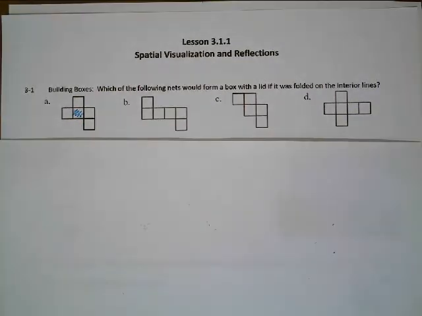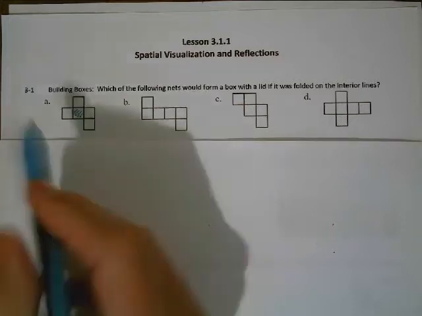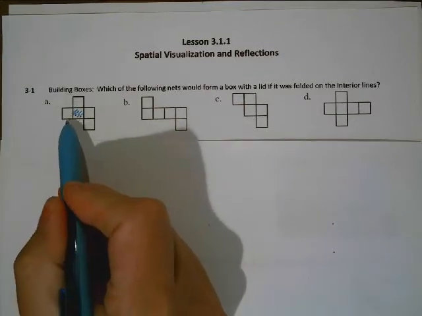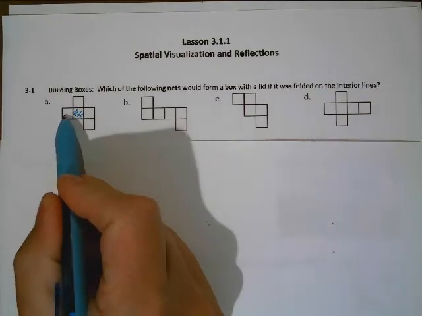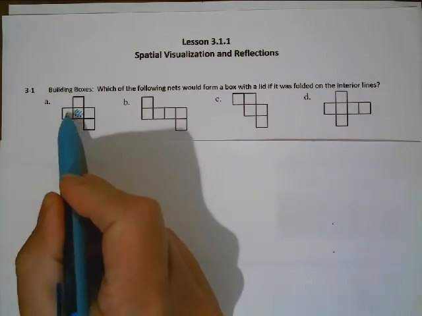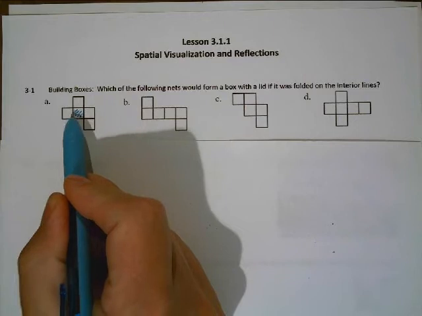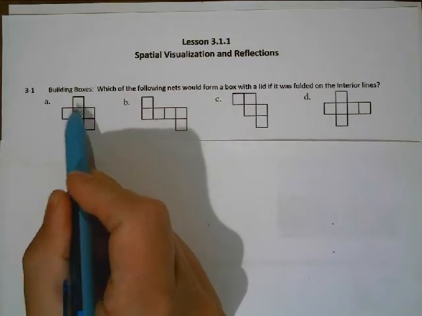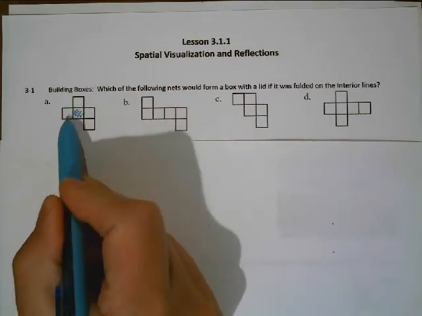So if we started folding these, which one would give us a box with a lid? So this first one, okay, so I would say, okay, this is the bottom, so I'm going to fold this one up, and this one would be going up and down here. This one I would fold, so going up and down here, so I've got two sides to the box so far.